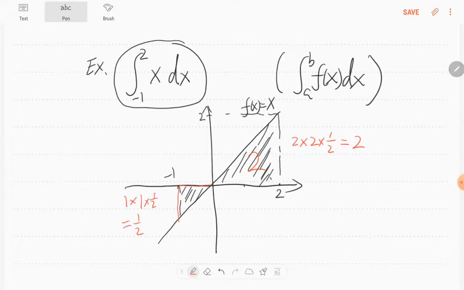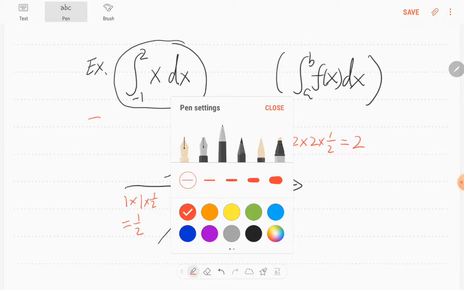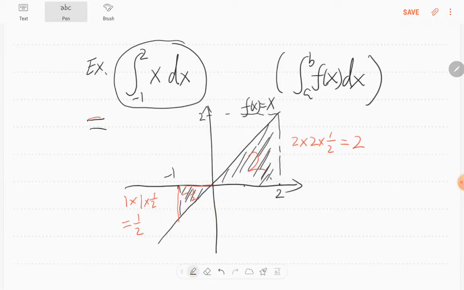So the area is 1/2, but the curve is below the x-axis, so we give a sign, which is -1/2 area. So the integral from -1 to 2 of x dx is the positive area plus the negative area, which is 2 minus 1/2, 3/2.